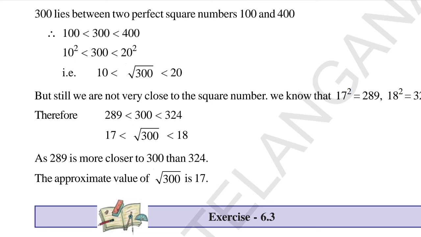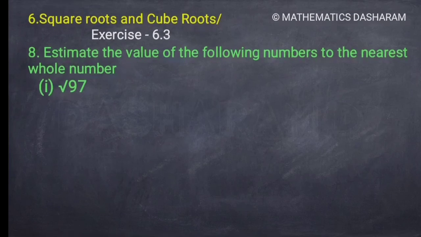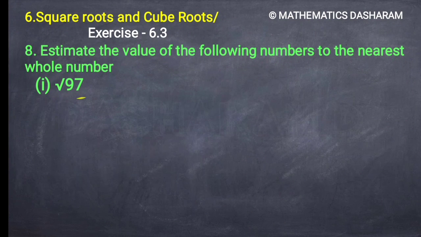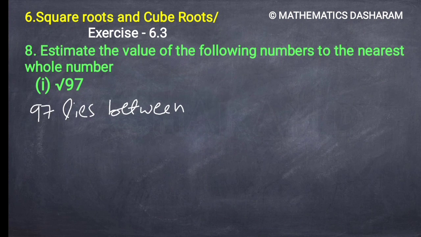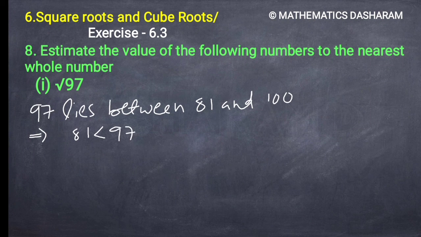Using this process, let's do the 8th bit problems. The first question is root 97. 97 lies between 81 and 100, so 81 less than 97 less than 100. Now apply the square root.